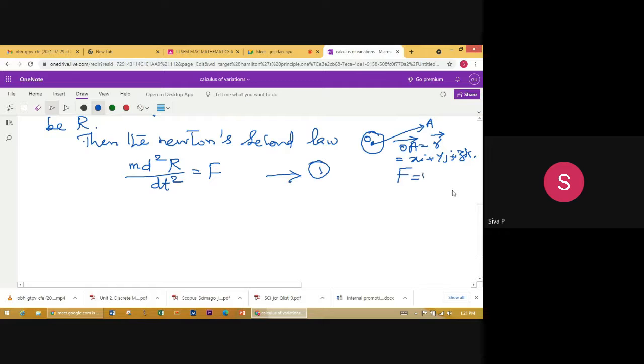F equal to mass into acceleration. If r is the position vector, the distance, then dr by dt is velocity and d square r by dt square is acceleration. Therefore, F equal to ma, so m d square r by dt square equal to F, which is equation number 1.